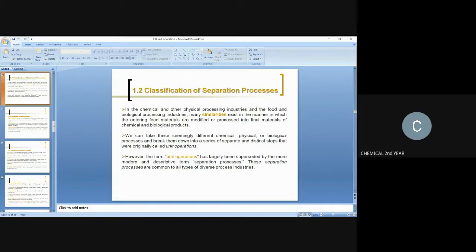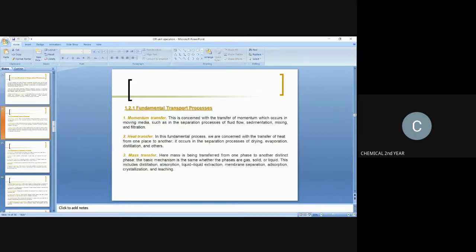We can take these seemingly different chemical, physical, or biological processes and break them down into a series of separate and distinct steps that were originally called unit operations. However, the unit operation has largely been superseded by the more modern and descriptive term separation processes. The separation processes are common to all types of diverse processing steps.